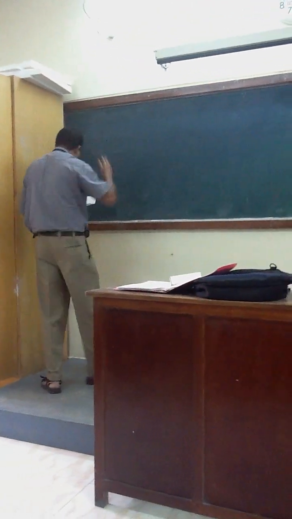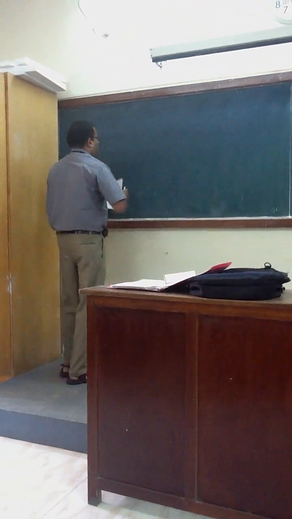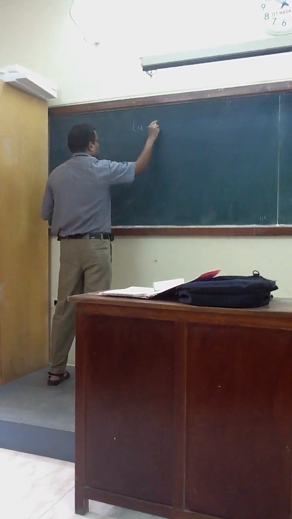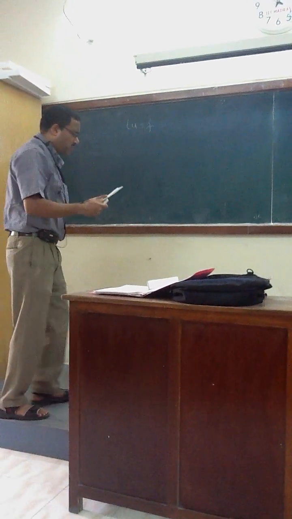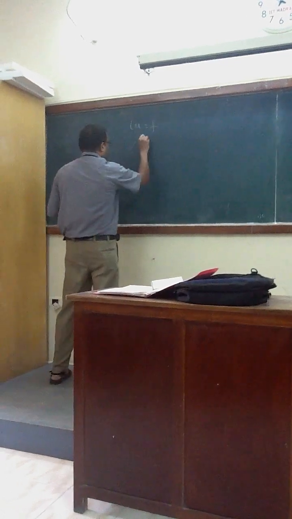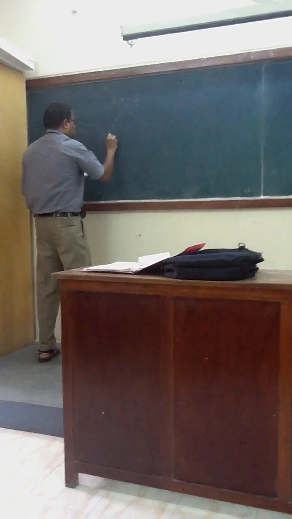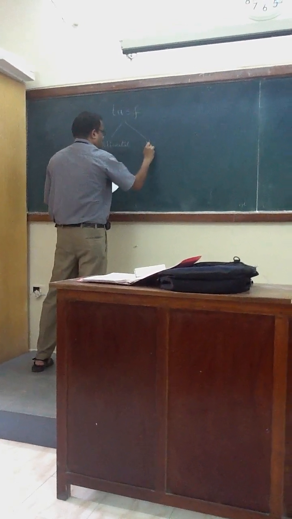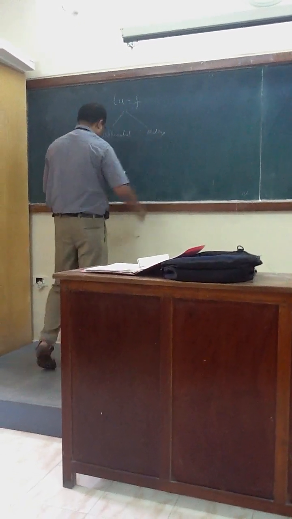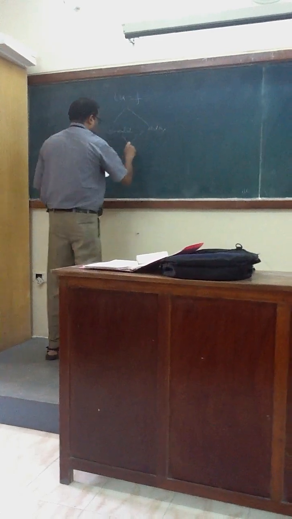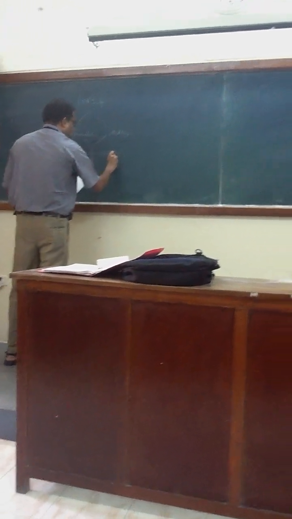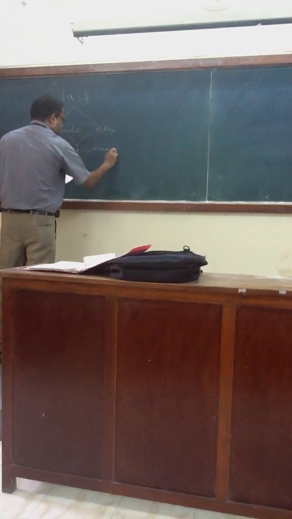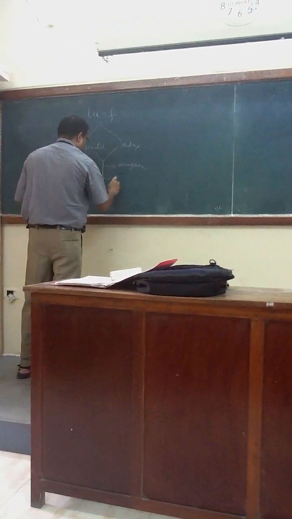So I would like to summarize what we have done for the operators. LU equals F. We have differential and matrix operators, and this has 2 parts, homogeneous and inhomogeneous.